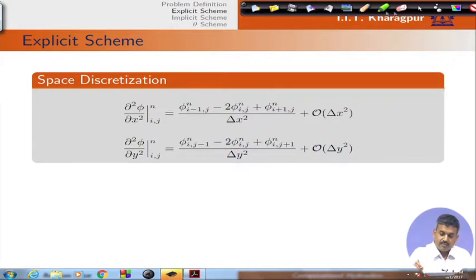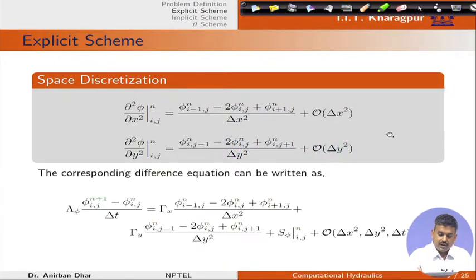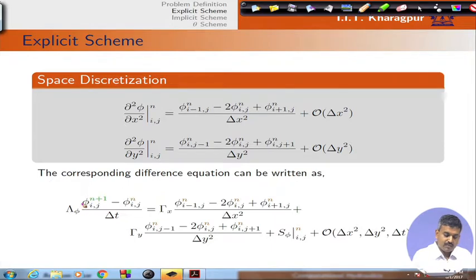Now, we can integrate all these derivatives to construct the discretized form of the governing equation. So, we have this lambda phi, gamma x, gamma y, these values are as coefficients.